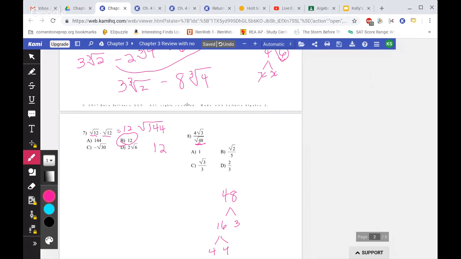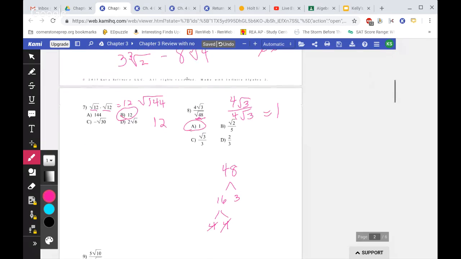And 4 and 4. So you have the perfect square of 4. And then you can take that out, and you've got a root 3 in the bottom. And lo and behold, look what happens. You've got 4 root 3 over 4 root 3, which really equals 1. So you don't have to do anything else. Like that. Does that make sense? Yeah, it does. Okay, good.